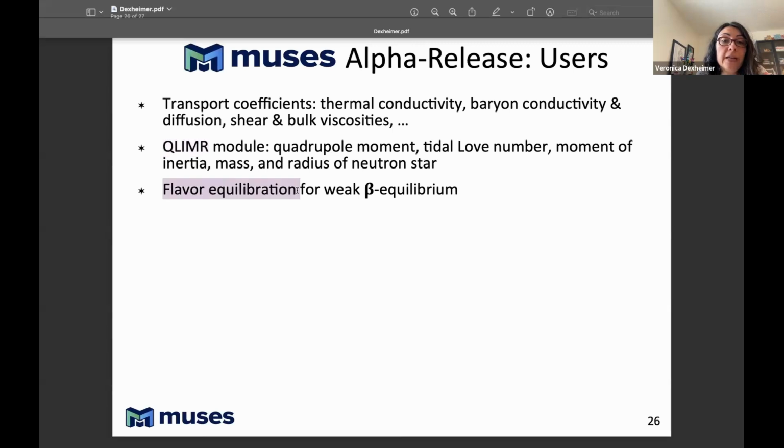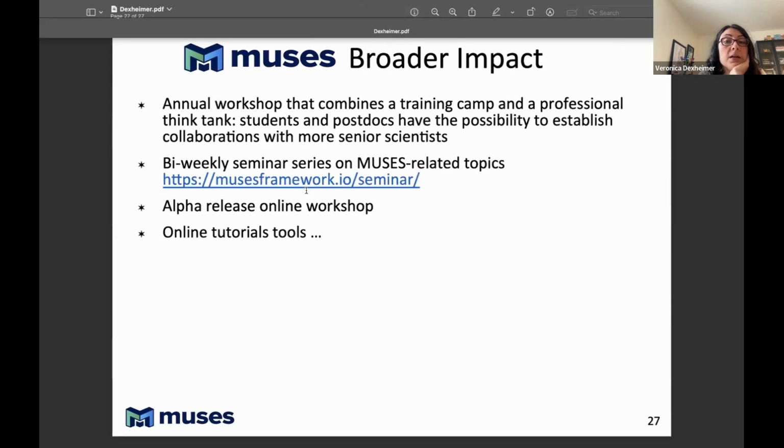And also a flavor equilibration module that allows beta equilibrium to be calculated, or near beta equilibrium, for the low temperature regime. So although I said that MUSES is a kind of a unified thing, for the time being, what we have is a separate component for finite temperature and 0 temperature. That's going to be our alpha release.